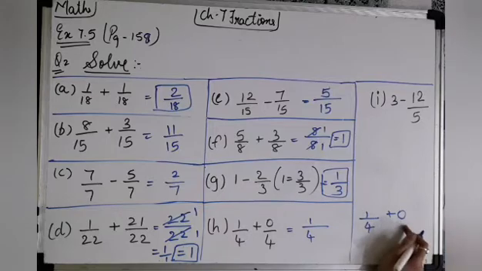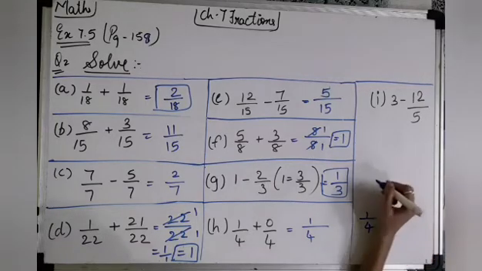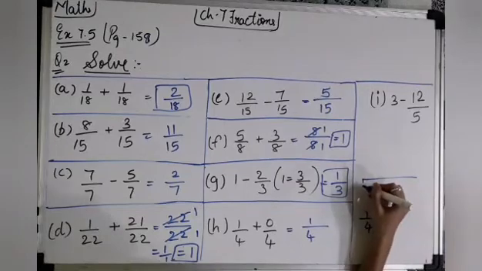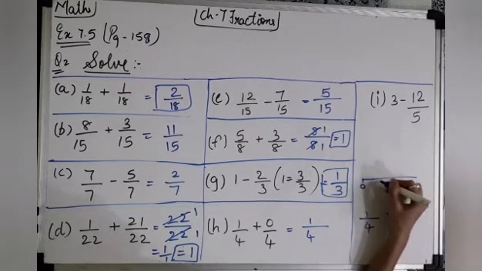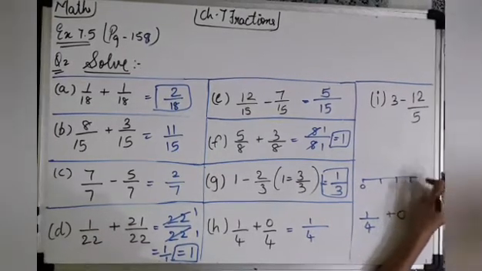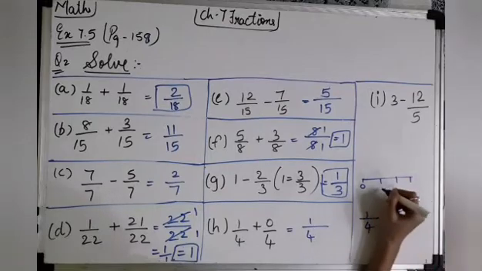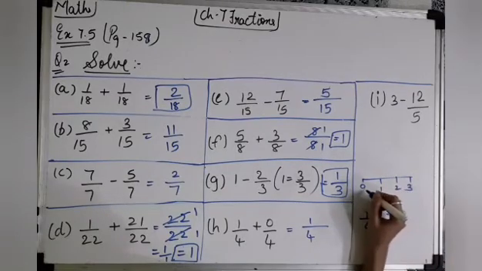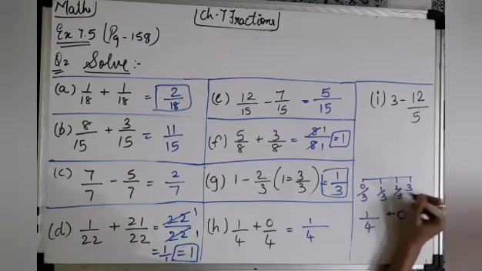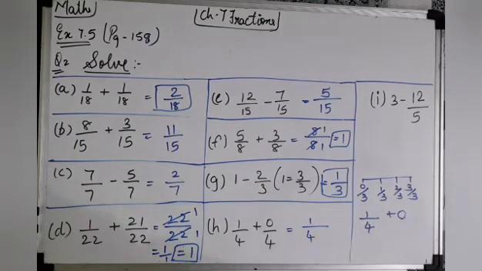So don't get confused. As you know, when we are doing line addition and subtraction sums in fractions, we have studied that when the line starts, we write 0. And if I am dividing into 3 parts, I am writing here 1, 2, 3. So I will write 0 upon 3, 1 upon 3, 2 upon 3 and 3 upon 3, right?